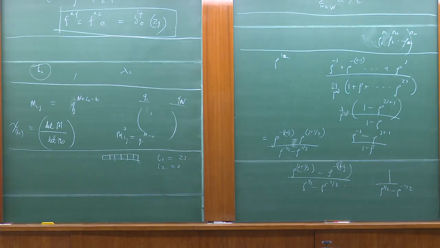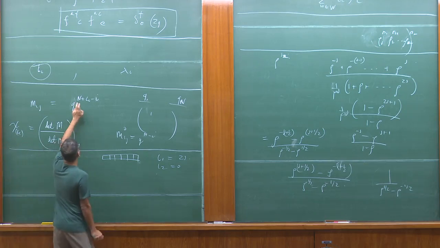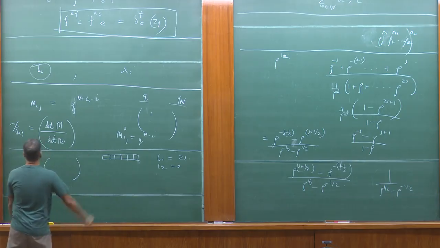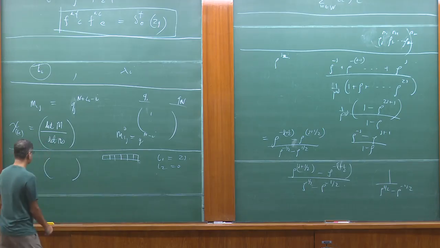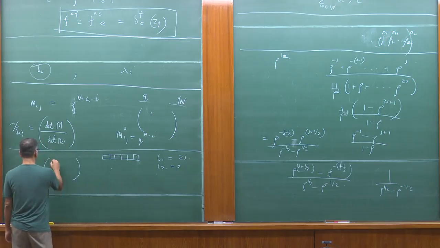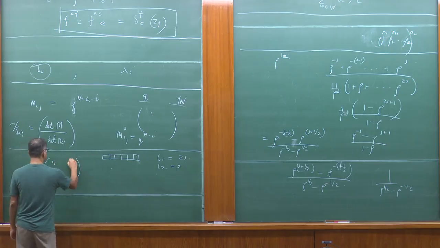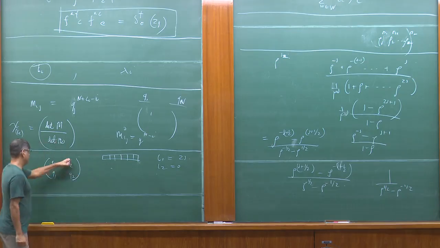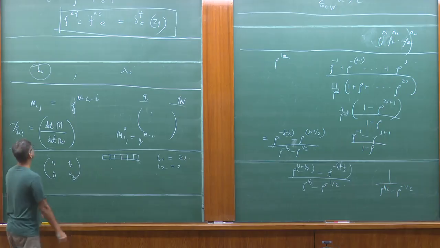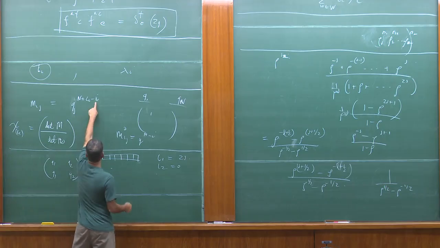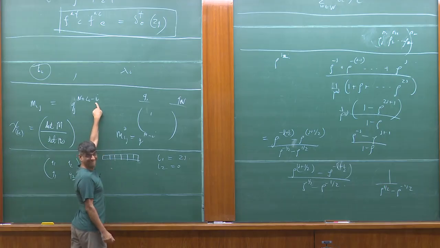Now let's work out this quantity. I'm going to write down the matrix. In the first column I have Q1s, and in the second column I have Q2s. Now I have to know what powers to put here. Let's do it for i equals 1.